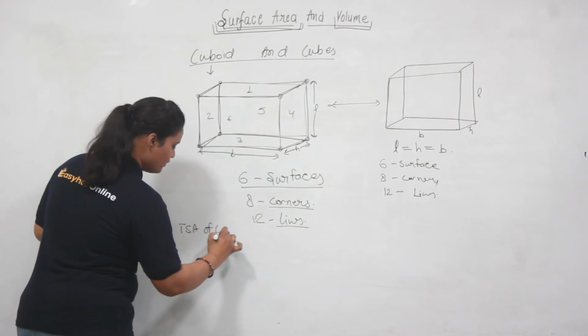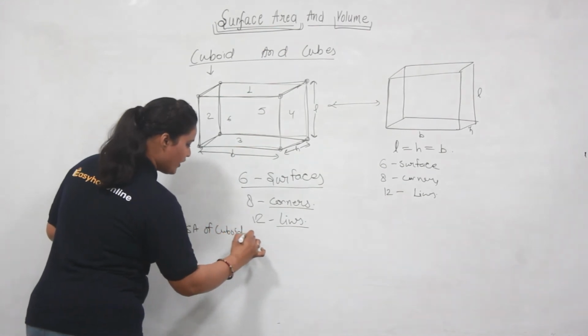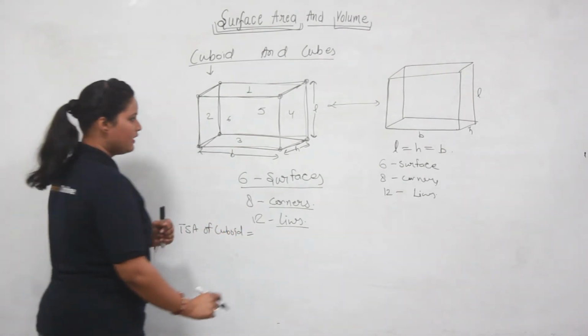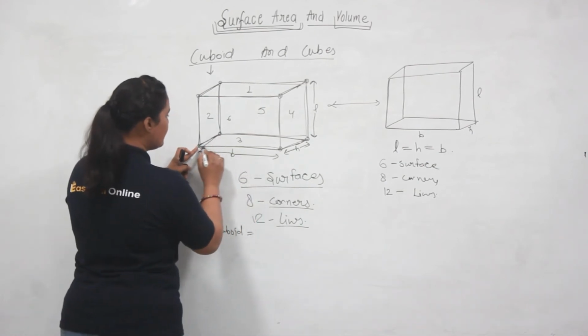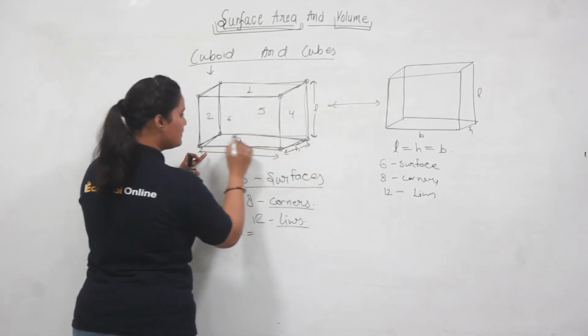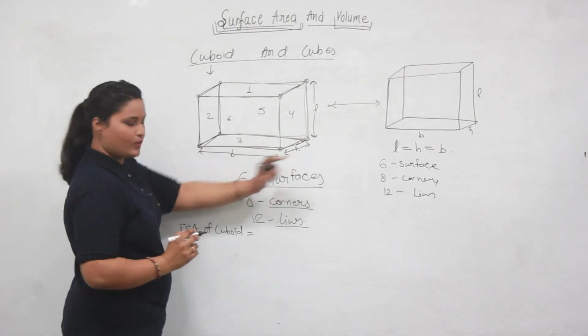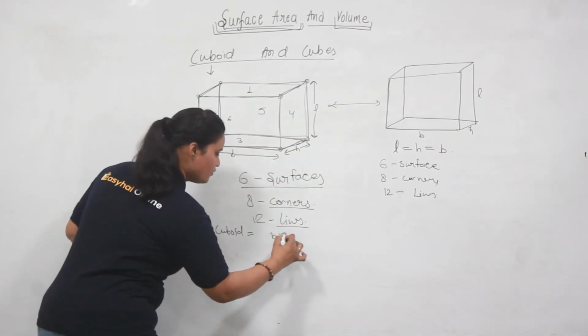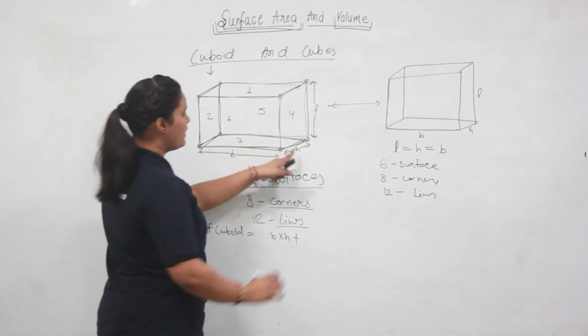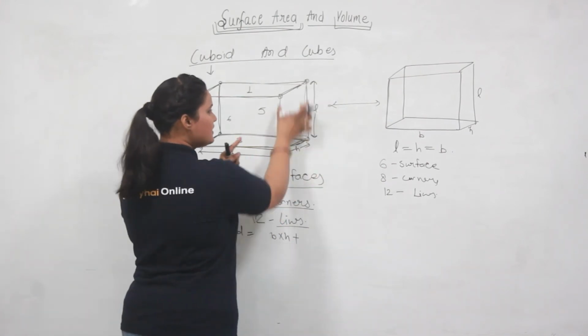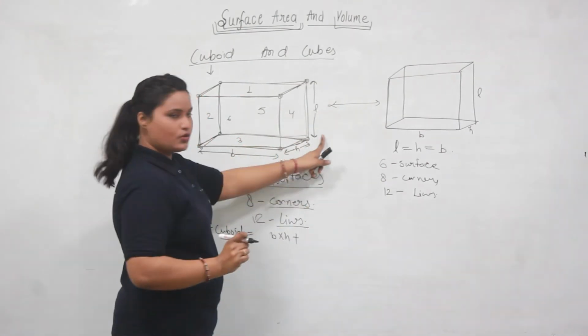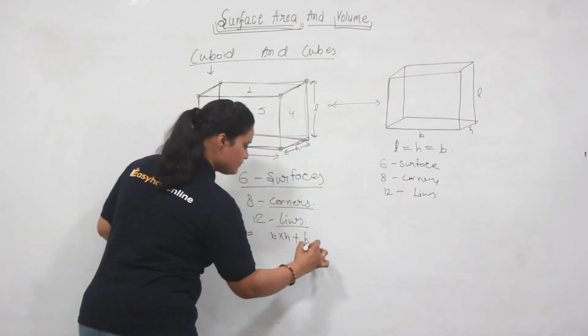the total surface area of the cuboid. It will be, let it be breadth into height, number 1, B into H, plus H into L, means this one surface, H into L, correct?